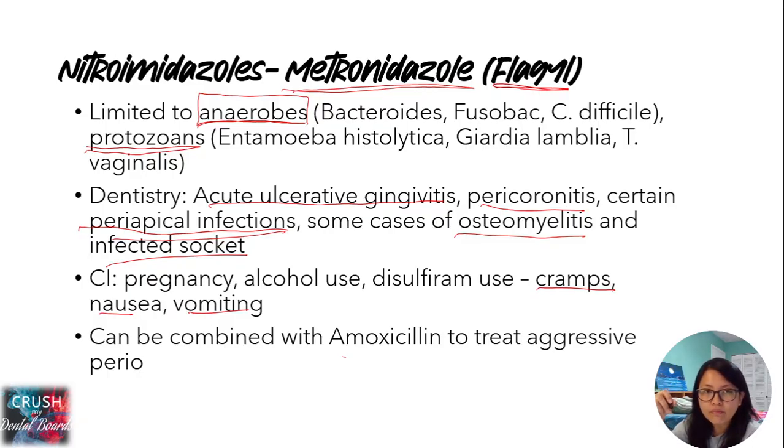Metronidazole affects the anaerobes, while your amoxicillin would usually take care of the aerobic and the facultative microorganisms. That's why they can be used together, because they treat different types of microorganism.